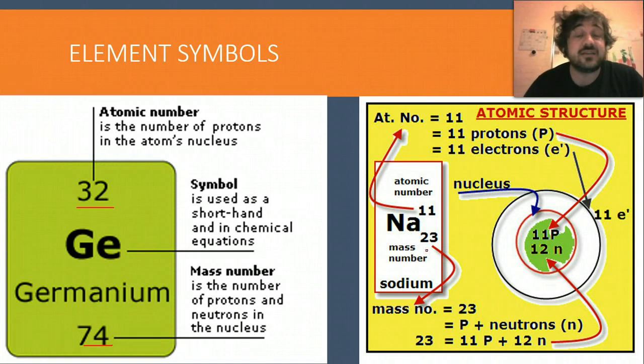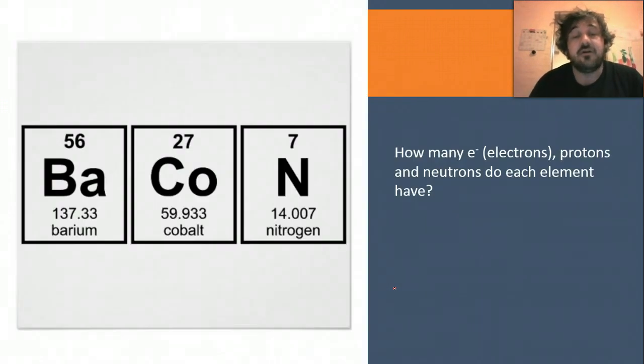If you want to work out the mass number and you know the number of protons and neutrons, you add them together. That's how these two numbers relate to electrons, protons and neutrons. Alright, so how many electrons, neutrons, and protons are there in each of these three elements here?